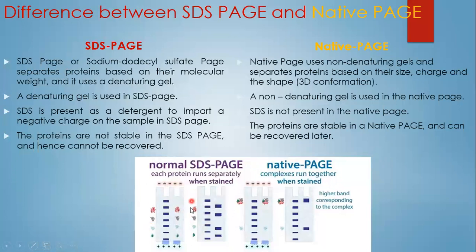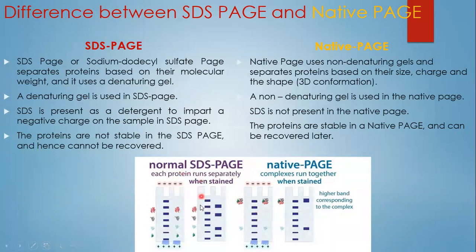Here are two gel pictures, one of SDS-PAGE and another of native PAGE. As you can see, in SDS-PAGE, each protein runs separately when stained. In native PAGE, complexes run together when stained. There is a complex of proteins.